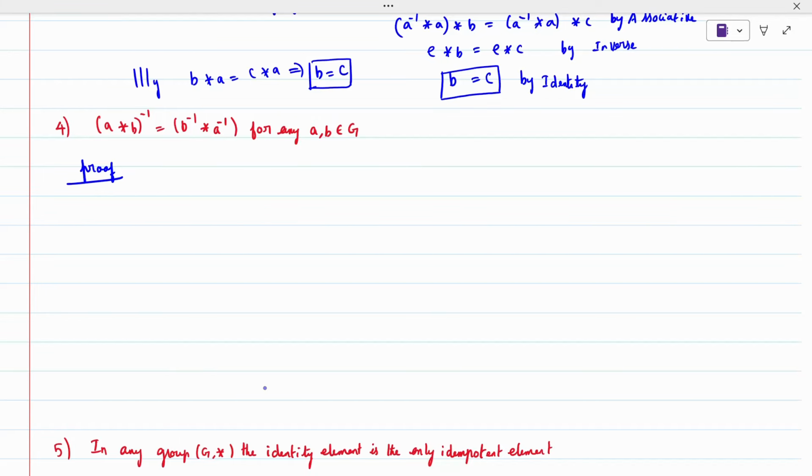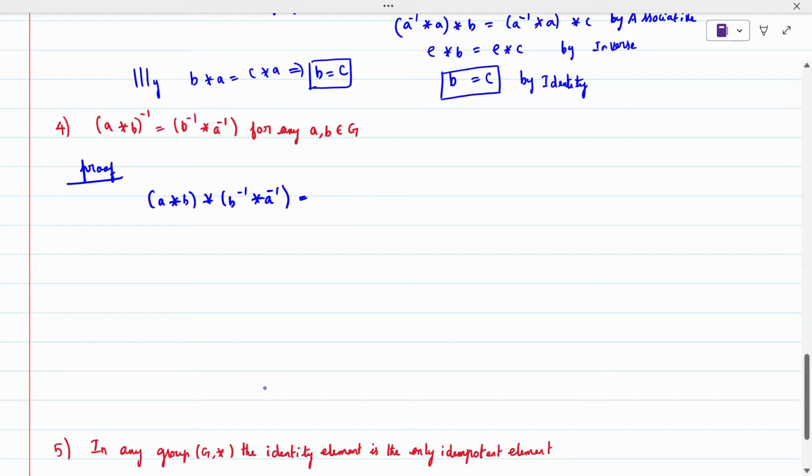Before taking that, A and B belong to a group G, that we know. Then the closure property is satisfied; A star B also is closed. So first I will take A star B star B inverse star A inverse.